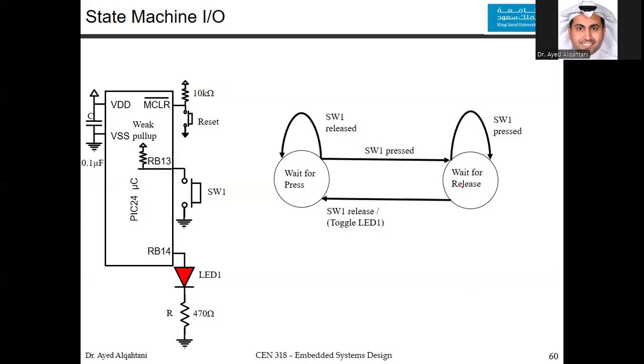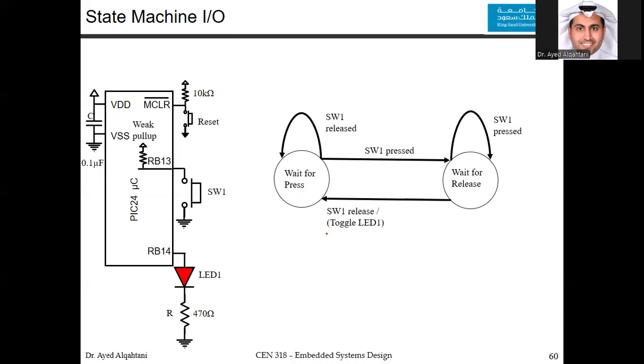So as long as you are holding this push button and you are pressing that push button, then you will be in the press state. As long as you are pressing, you will still be in this waiting for a release state. And the moment you release your switch, you will go back again to the original state.